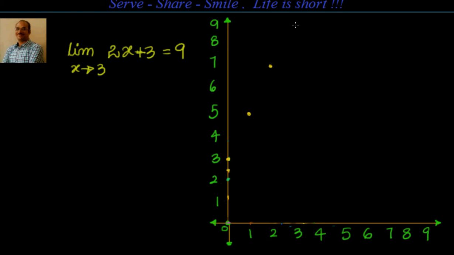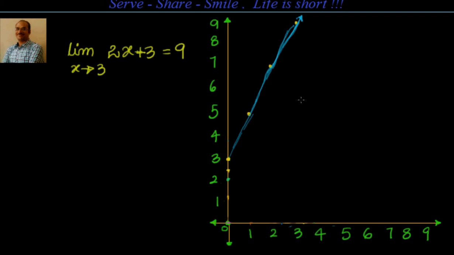And x equal to 3, I have y equal to 9. So the straight line looks like that. So let me just try to join it. That's the straight line we have if I join it correctly. Okay, so this is the equation 2x plus 3, equal to 9 at x equal to 3.